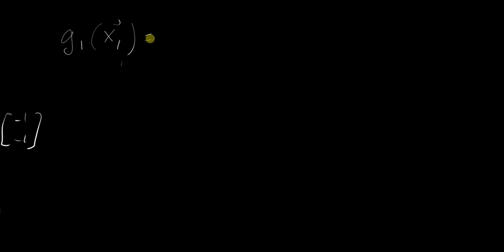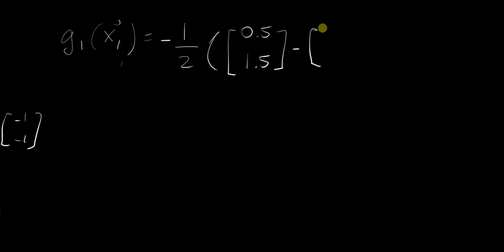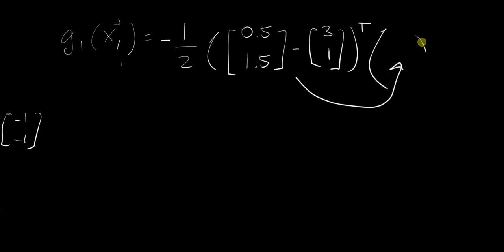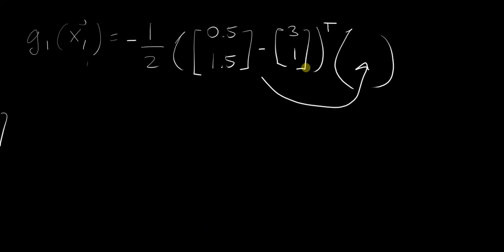So if we start with just plugging in some values, this ends up being -1/2. And then for the first feature we get, so this is just x1. And from that we must subtract the means, mu1 and mu2. We've got to transpose that and multiply that with the same thing actually. Right? So again, where did I get this 3 and 1 from?